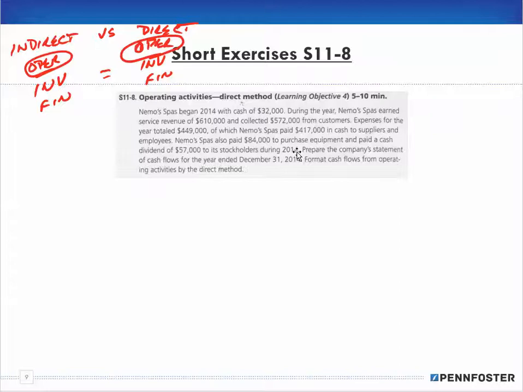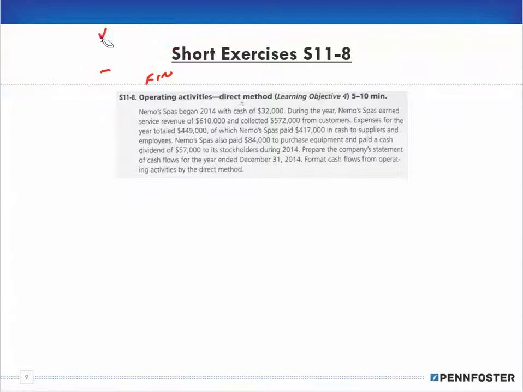But when you're looking at the direct method, you're looking at the accounts themselves, the expenses themselves, in order to determine what effects they had. But we'll get to that in just a bit. I just want you to realize that this is generally the way the information is presented, and you'll have to pull that information for the direct method from the way that this information is presented.